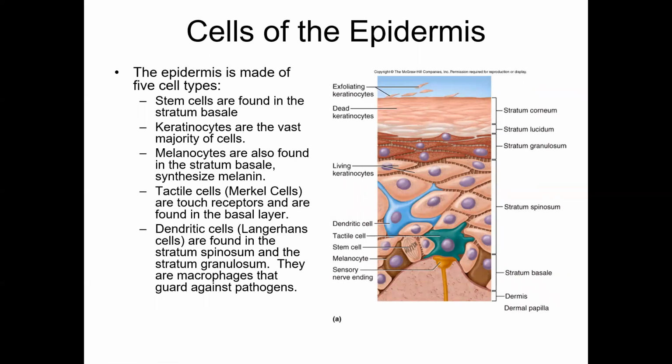The epidermis, again, stratified squamous epithelial tissue, is made of 5 different types of cells. We have stem cells. A stem cell is a cell that's replicating. It's an immature cell. It's making copies of itself. It's undergoing mitosis. We find them there in the stratum basale, the basal layer, the lowest layer of the epidermis. Keratinocytes, most skin cells are keratinocytes.